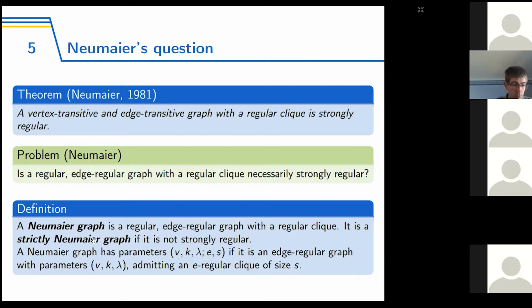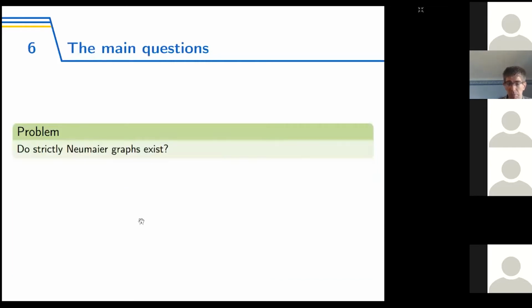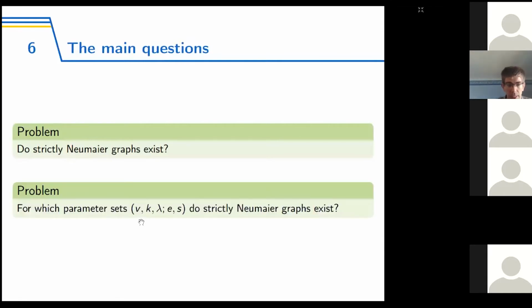If you want to search for such graphs, the first thing you're going to do is ask yourself, are there indeed strictly Neumaier graphs? That's the question that Neumaier asked. But you're going to restrict your search, and ask yourselves, for which parameter sets could I find such strictly Neumaier graphs?